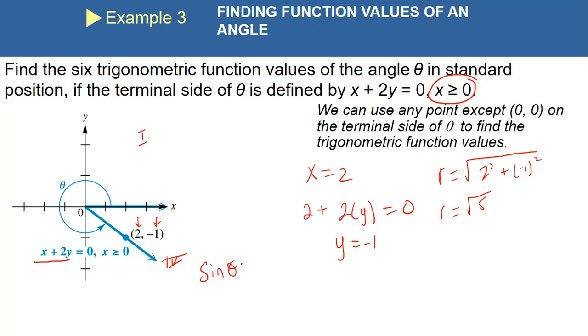So starting off with sine. We have sine theta equals y over r. What is our y? -1. Our r is the square root of 5. To rationalize the denominator, all you're doing is multiplying the numerator and denominator by that radical. So we're going to multiply the numerator and denominator by the square root of 5.